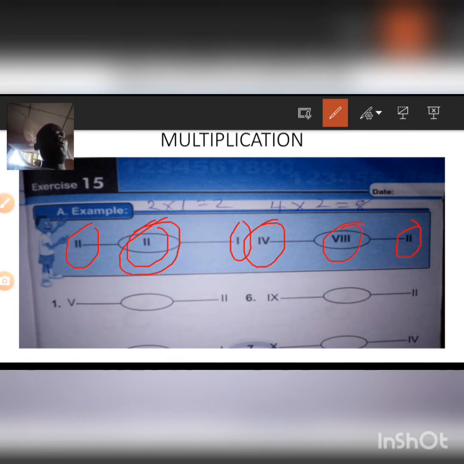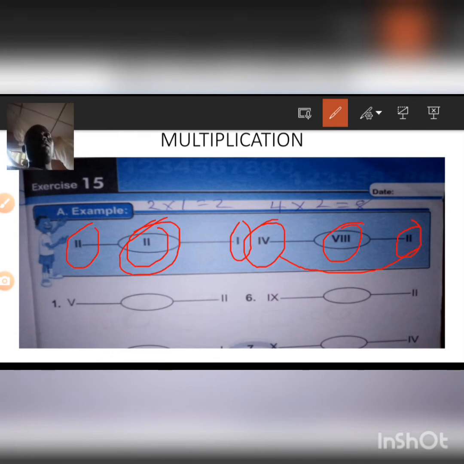So that means 2 times 4. That gives us 8. And so 8 is written as VIII. So this is how we are going to solve each of these questions from 1 to 10.